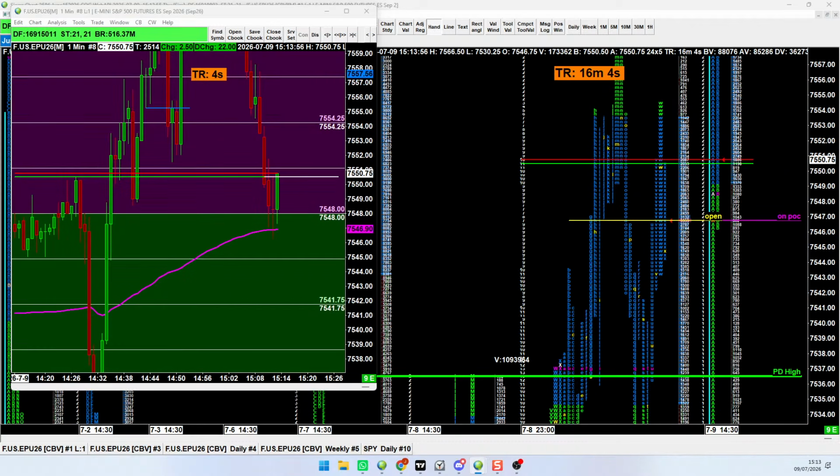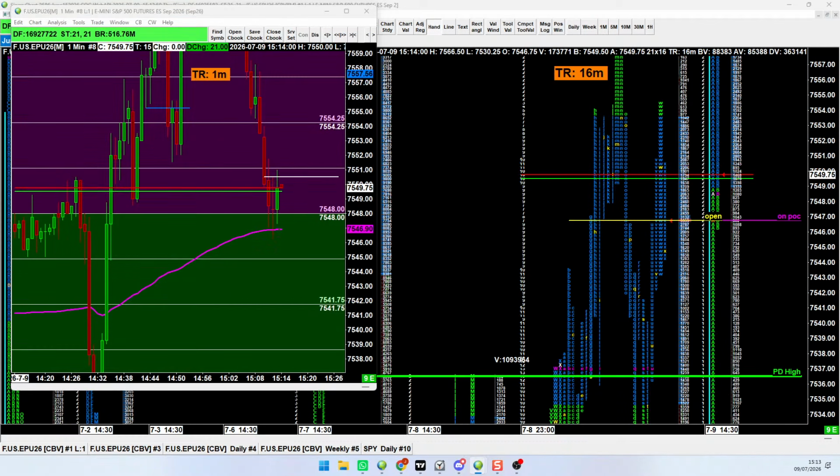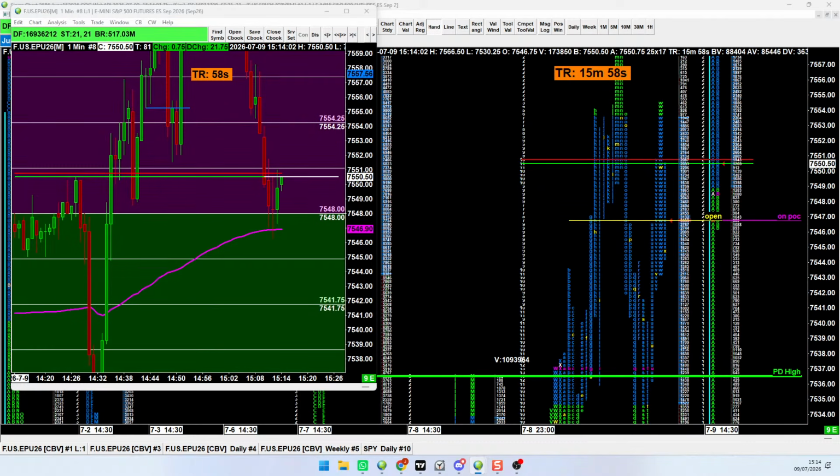I got 1 left, and I'm out at 50 and 3/4. First time I screwed it up, then I took it. I bought it on this red candle. I should have waited. So I took it, scratched, bought it back again at 48 1/4, sold it at 49 3/4 and 50 1/4. It's not the greatest trade.